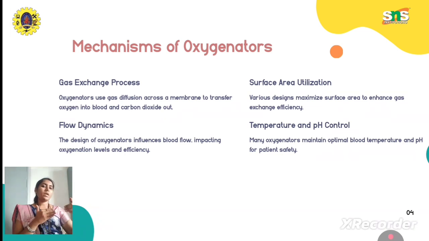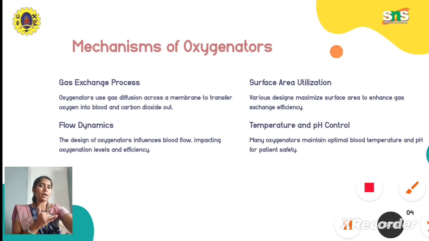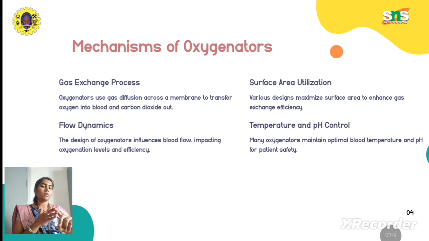Also the pH, because of the addition of O2 and CO2, the gas concentration will also vary. So this is one of the main mechanisms of oxygenators in addition to the other three. The first one is gas exchange process, second is flow dynamics, third is surface area utilization, and fourth is temperature and pH control.